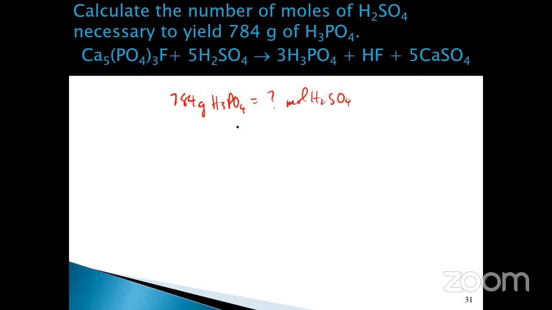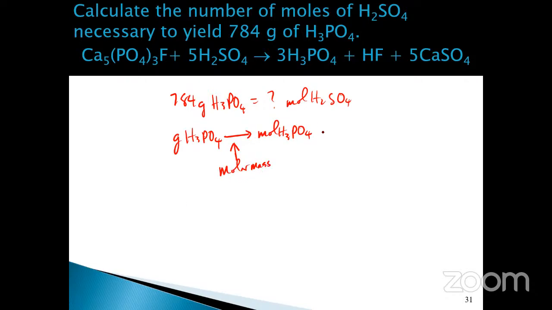So basically what you have to do is start off with the grams of H3PO4, and the first thing you should do is convert it to moles of H3PO4. In order for you to do this, you're going to need a conversion factor which represents the molar mass of H3PO4.